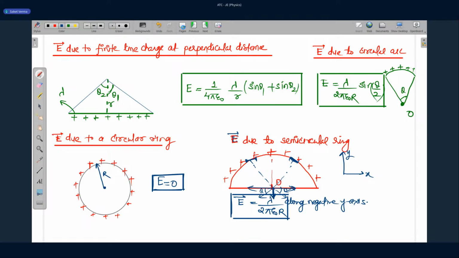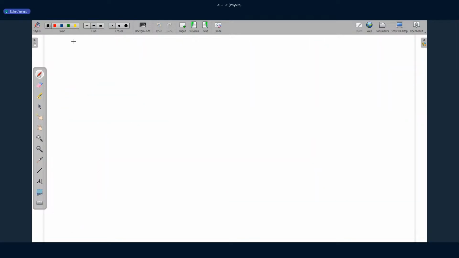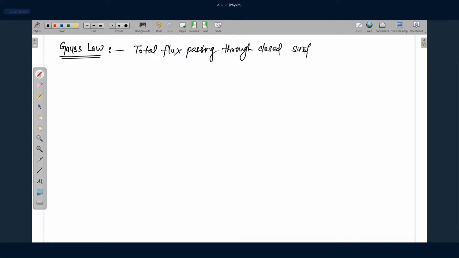Now there is a very, very important point, that is about Gauss law. What is Gauss law? Gauss law says that the total flux passing through a closed surface is equal to the charge enclosed by the closed surface.